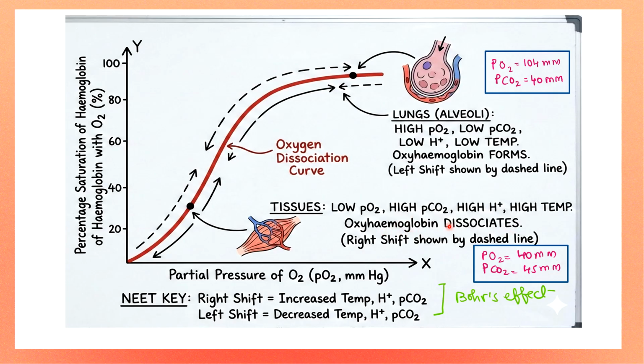So oxygen dissociates from hemoglobin and oxygen can be released to the tissues. So this dependence on the different factors and the right and the left shift is known as the Bohr's effect. Okay.